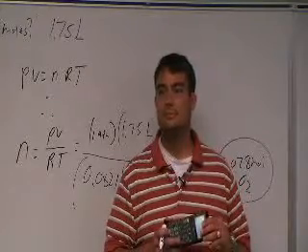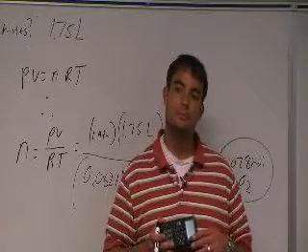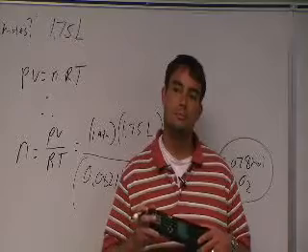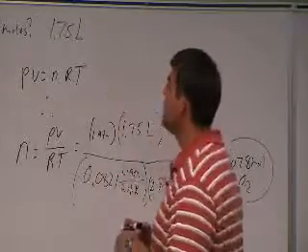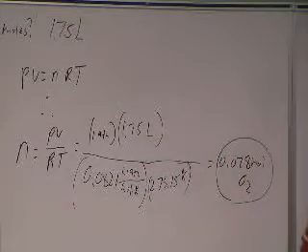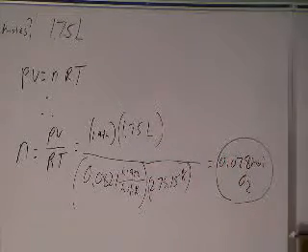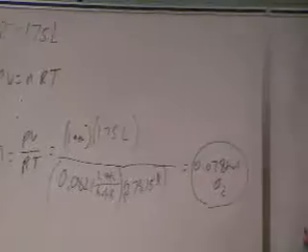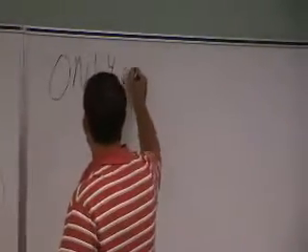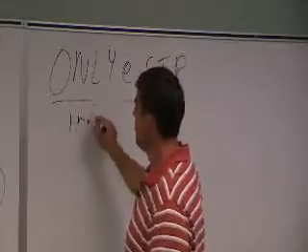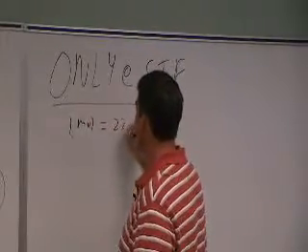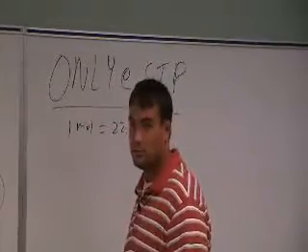It says in the back of the book that one mole of any gas occupies 22.4 liters. That is only at STP. Only at STP, 1 mole of any gas occupies 22.4 liters.